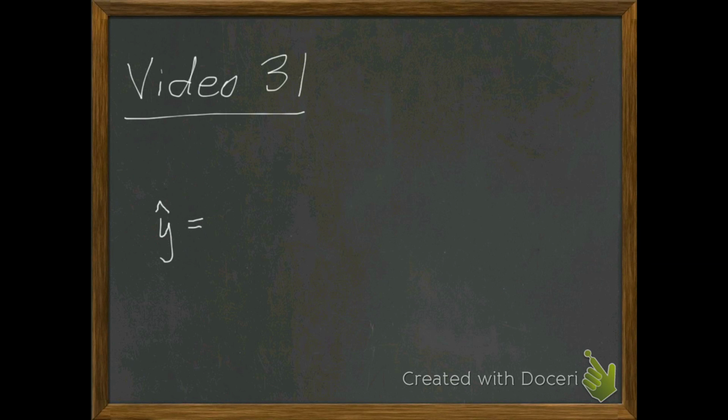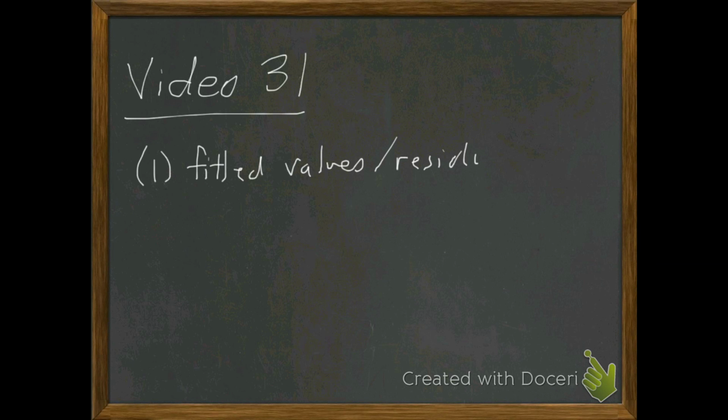Let me tell you what we're going to do here. There are actually 3 things on the agenda. First, I want to show you how to address finding fitted values and the residuals using matrices.